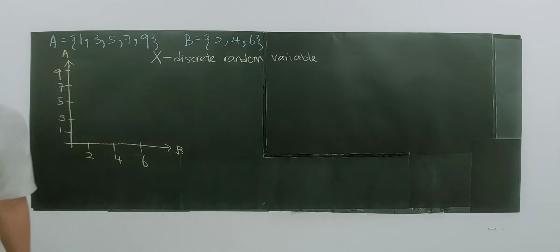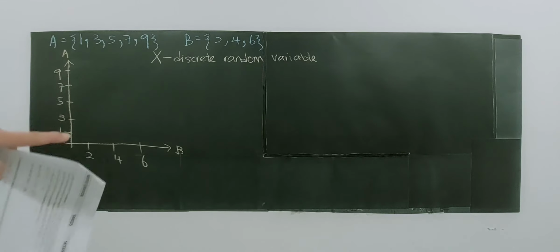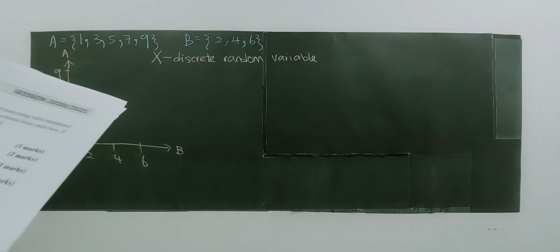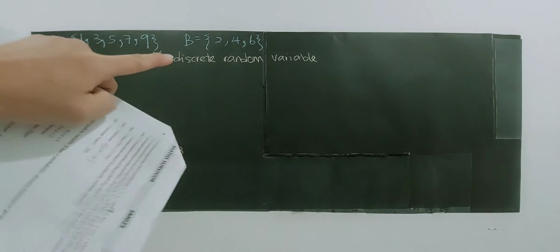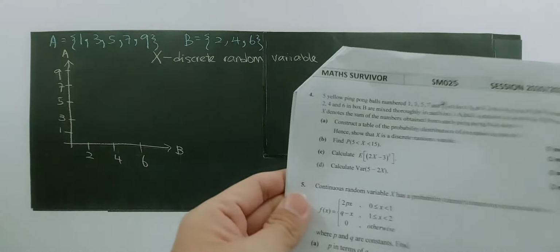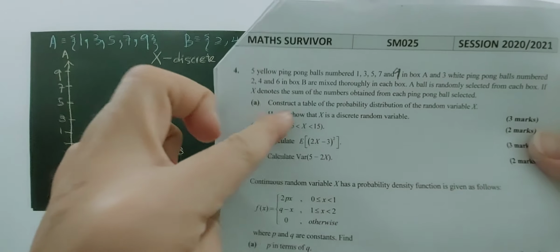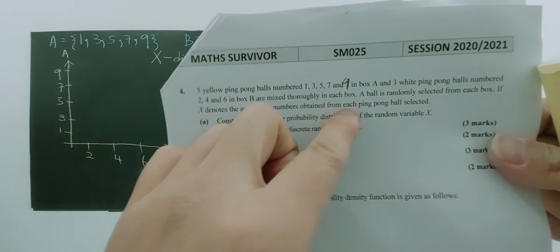We can list all of this out, because the X here refers to the sum of the numbers obtained from each ping pong ball selected.